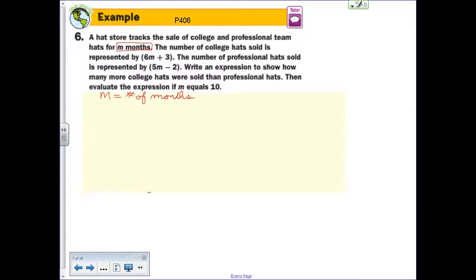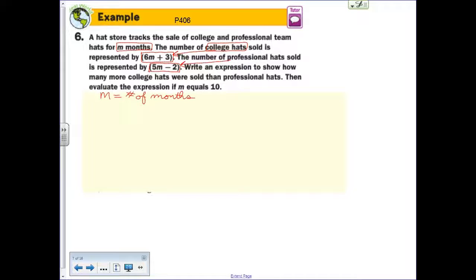The number of college hats sold is represented by 6M plus 3. So college hats is 6M plus 3. The number of professional hats sold is represented by 5M minus 2. So professional hats, 5M minus 2.